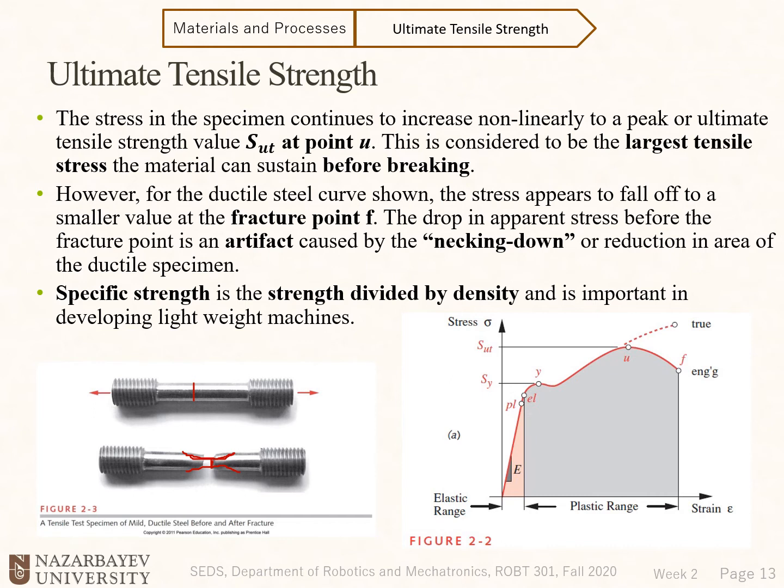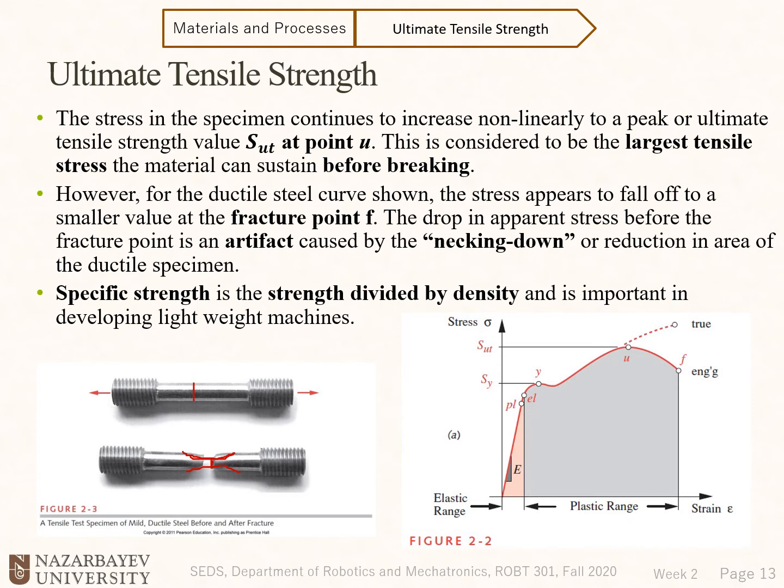We have another mechanical property which is less important, but this is used and is very important for material selection and working with the selection material graphs. So specific strength is the strength divided by density.